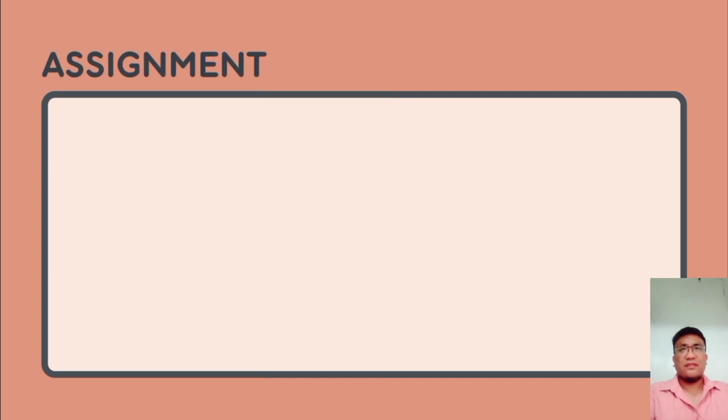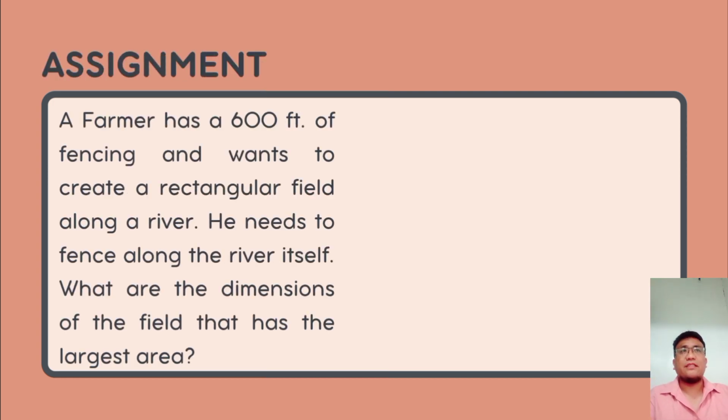So, this is your assignment. A farmer has 600 feet of fencing and wants to create a rectangular field along the river. So, he needs to fence along the river itself. What are the dimensions of the field that give him the largest area?